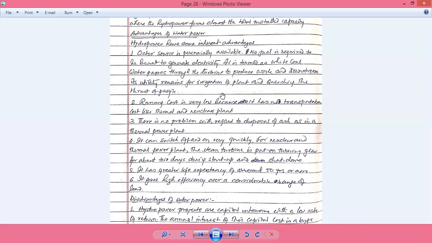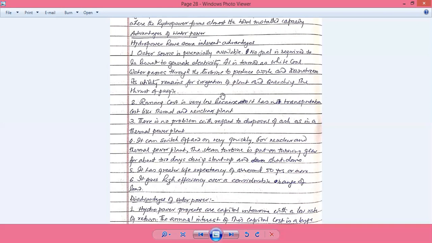Water passes through the turbine to produce power, and downstream the water remains useful for irrigation of plants and quenching the thirst of the people. We are using the used water, but not wasting it. You can use it for drinking, and you can use it for irrigation also. The running cost is extremely low because there is no cost of purchasing the fuel itself.